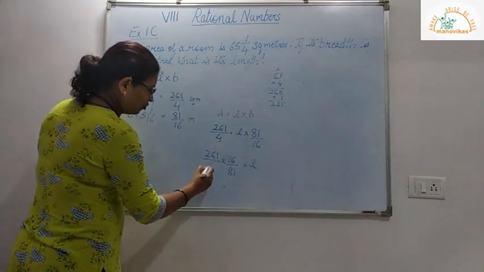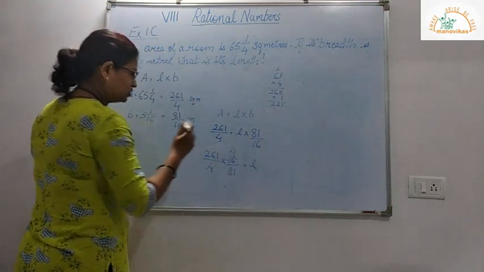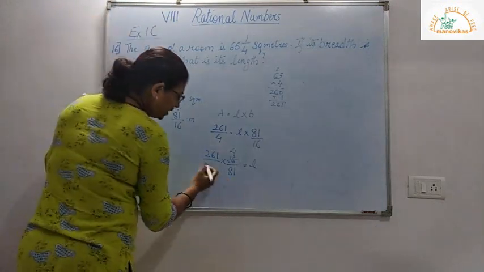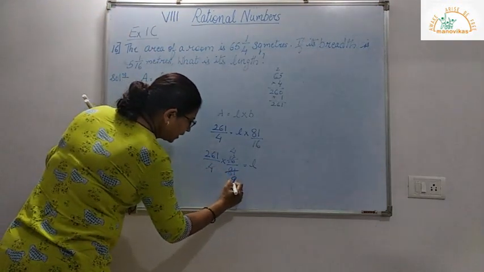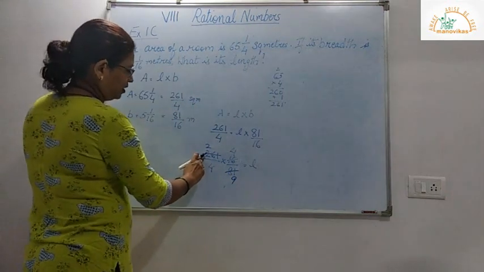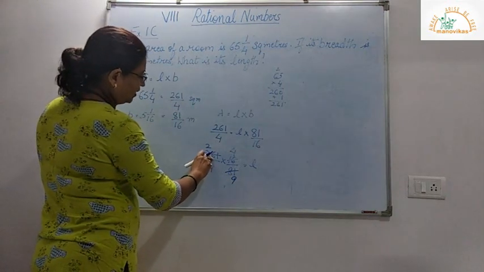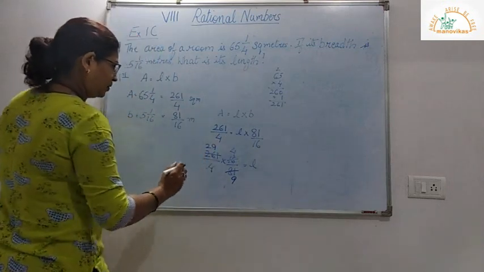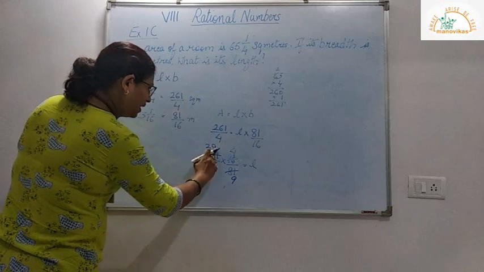So here I get 4 ones are 4, 4 fours are 16. Now this will go with 9. So 9 nines are 81, 9 twos are 18. So again here I get 8. So it is again 9s are 81. So it is 9 nines are 81.